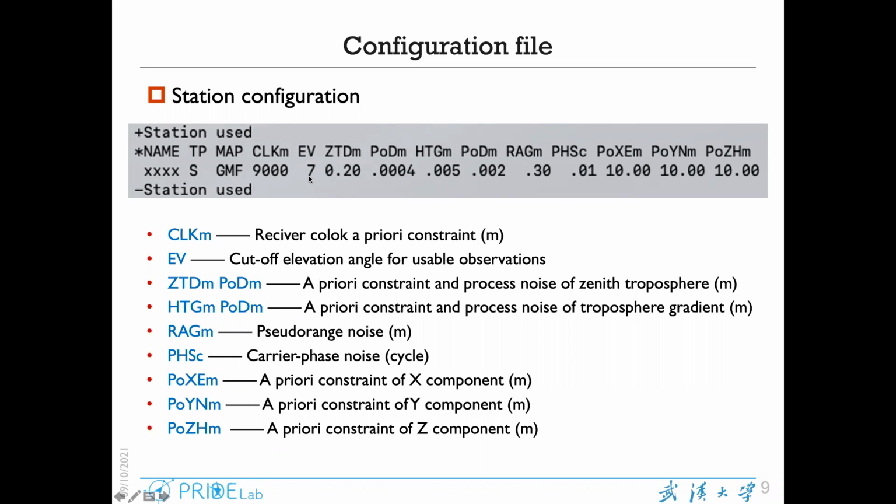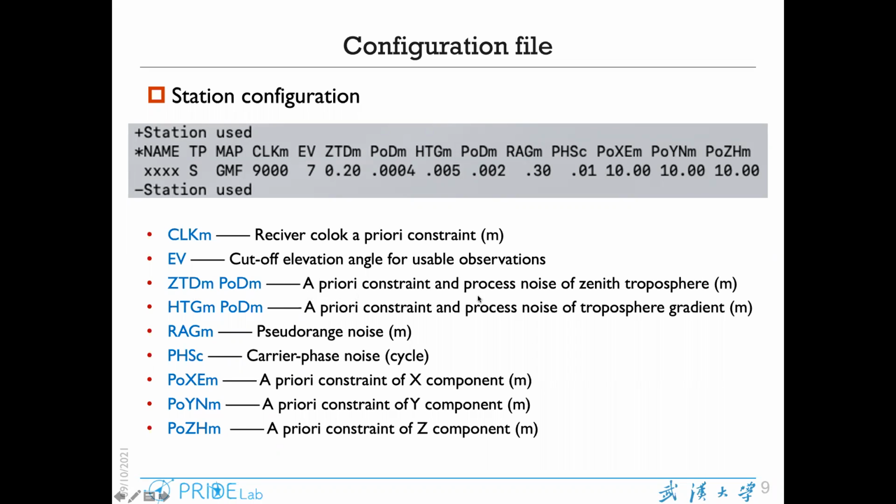This cutoff elevation here for EV for 7 degrees is for observation mask. So you don't need to use the observations from the satellites whose elevation is lower than 7 degrees. But the previous cutoff elevation for ambiguities, that's an elevation mask for eligible ambiguities to be sent to the ambiguity search program for the identification of integer candidates. So they are different.